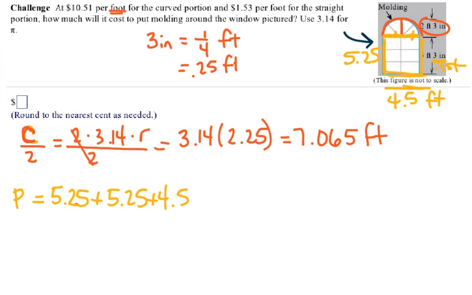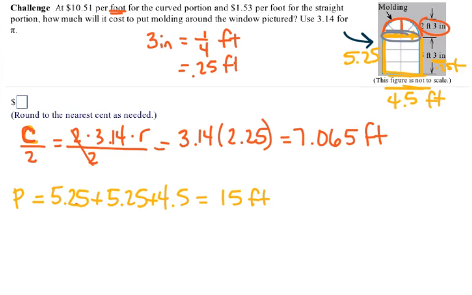We only add up the 3 since the molding does not go up here where the top is. So we don't add that one. So we get the perimeter of what we need the molding for down at the bottom. That perimeter is 15 feet. Okay, so now I know the dimensions that I need.